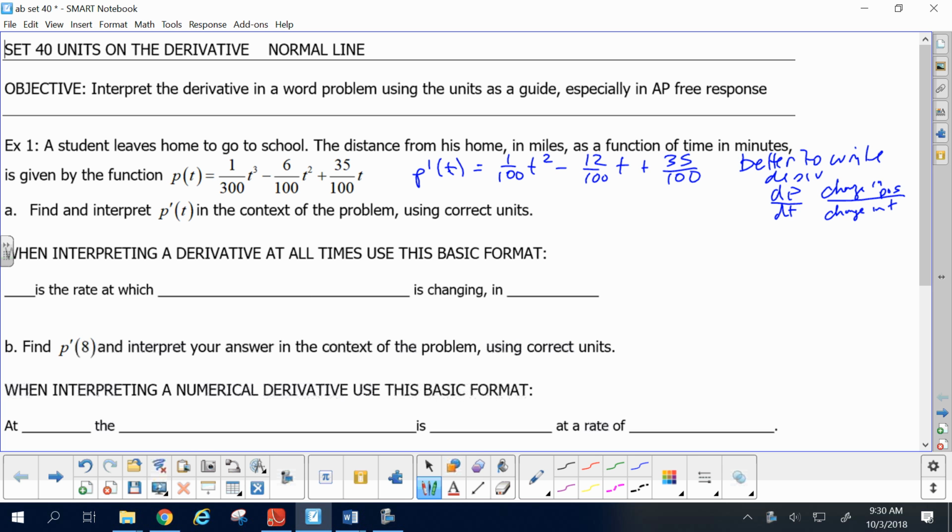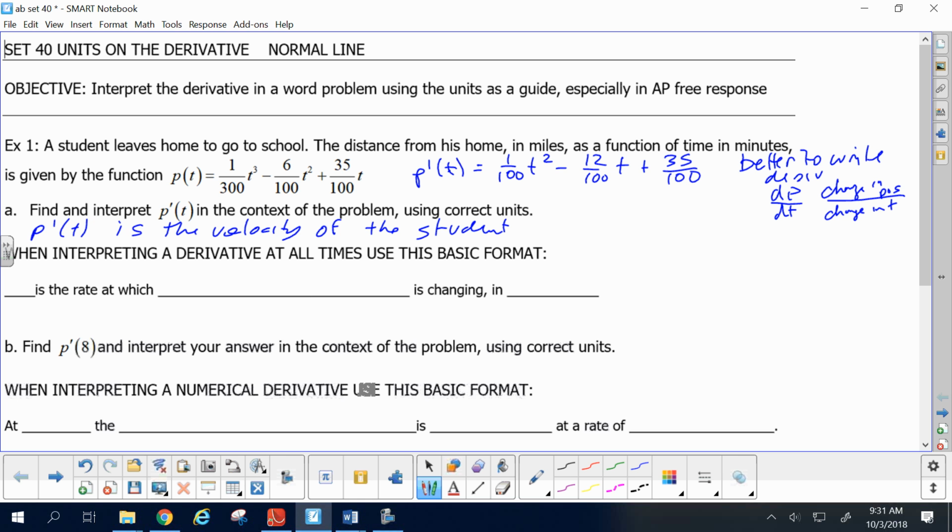What is change in position with time? Velocity, okay? Now in this case, there's a physics interpretation to it. Sometimes it won't have a physics connection. They're not all going to be physics problems, but in this case it's physics. P prime at t is the velocity of the student.